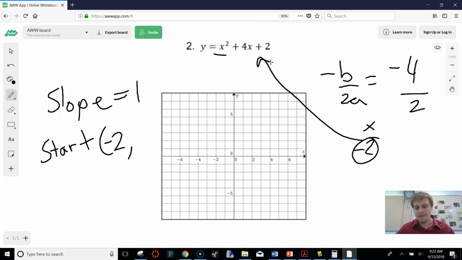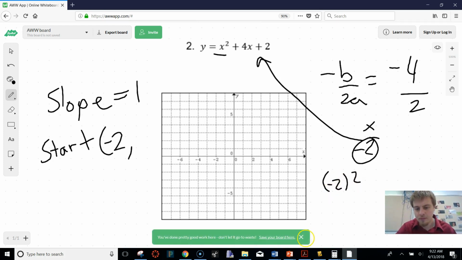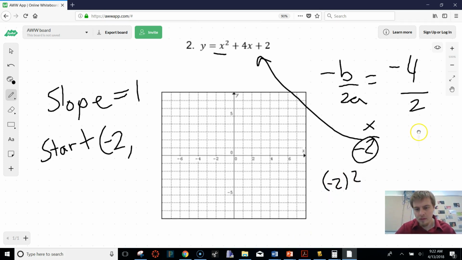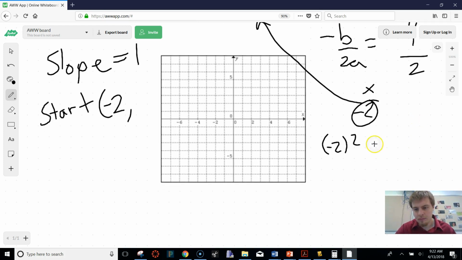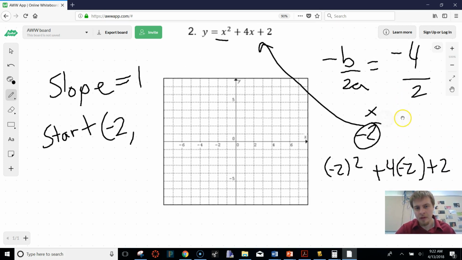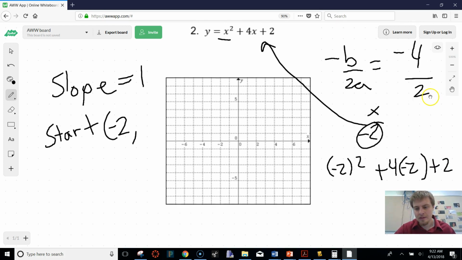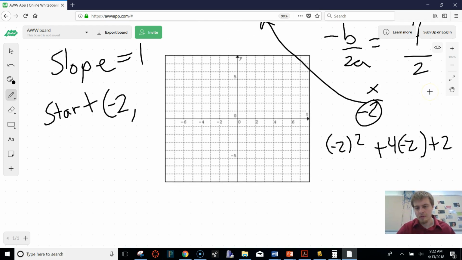When I plug that in, I'm going to get (-2) squared plus 4 times (-2) plus 2, if I remember that right. Yep. And then from there, we're going to get 4 minus 8 plus 2, which all of that's going to equal (-2). So we know our start point is at (-2, -2), and our slope is 1.